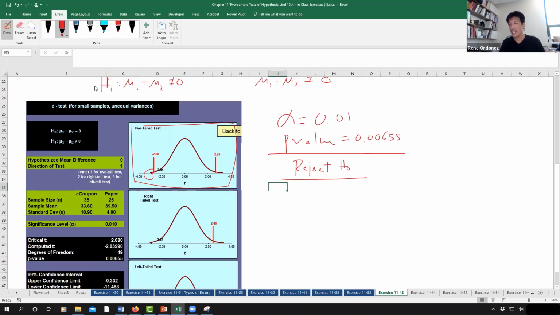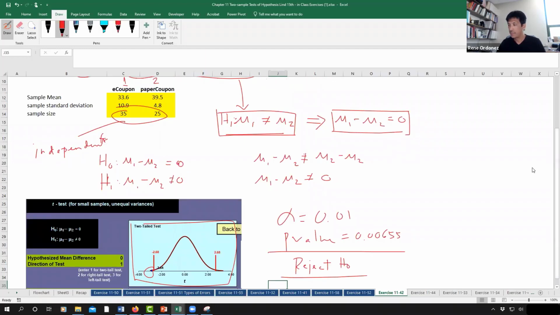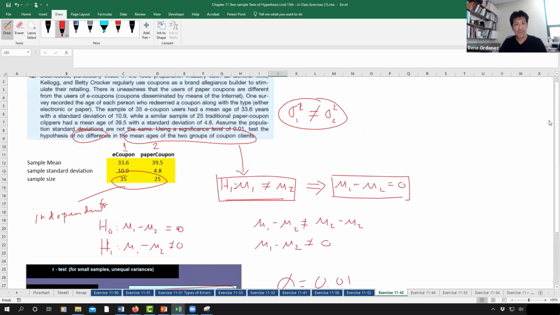And by rejecting the null hypothesis, the answer to the question that was posed in the problem is not that there is no difference in the mean ages of the two groups. The answer is there is a difference in the average age of the two groups.